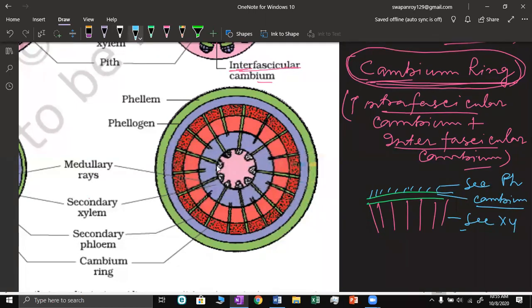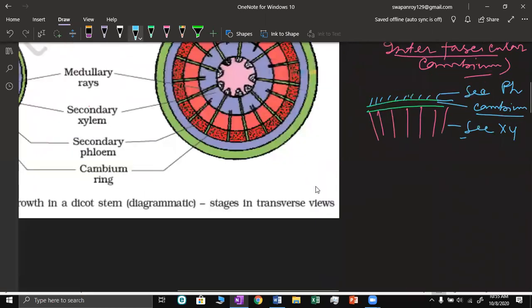This way the secondary growth takes place. In places there is formation of some parenchyma cells, and these parenchyma cells form the secondary medullary rays.